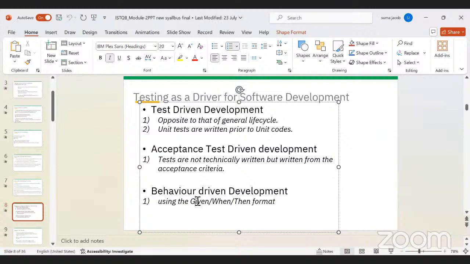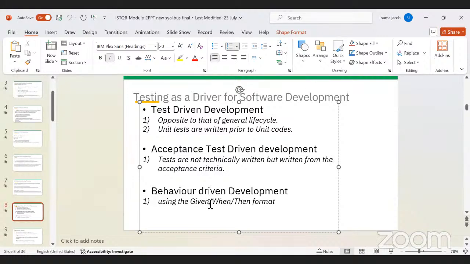So one main advantage of BDD is that it encourages collaboration between developers, testers, and business stakeholders by using a common language just to describe the system behavior. For example, in BDD, the different stakeholders and team members collaboratively define some scenarios.